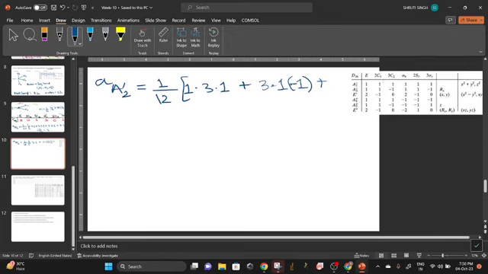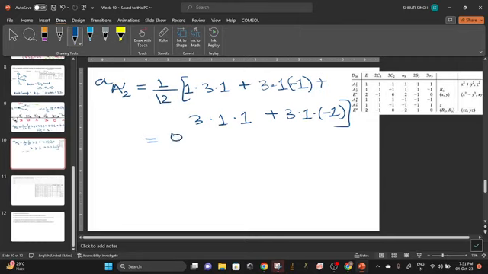Now sigma h will be 3 into 1 into 1. S3 is 0, no need to write this. Then sigma v is minus 1, so we will have 3 into 1 into minus 1. So we have 3, 3, minus 3, minus 3. So it is 0.